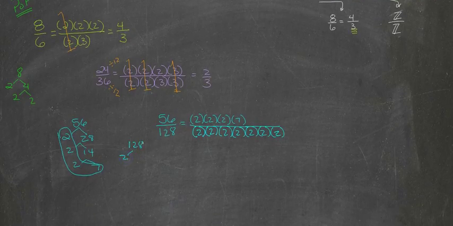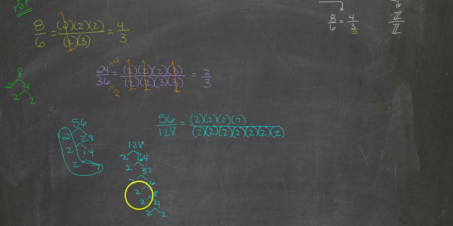So 128 divides by 2, leaving 64. Divides by 2, leaving 32. Divides by 2, leaving 16, divides by 2, leaving 8, divides by 2, leaving 4, divides by 2, leaving 2. I have 1, 2, 3, 4, 5, 6, 7 2s. Phew, that worked.